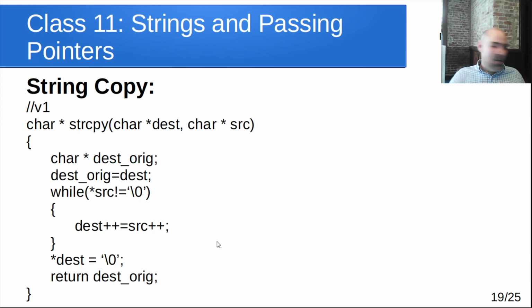All right, so let's look at the first implementation of that. And this follows what the standard string copy function looks like. It returns a character pointer of the string that was copied. It also accepts as parameters the destination where you're copying to, and then the source where you're copying from.